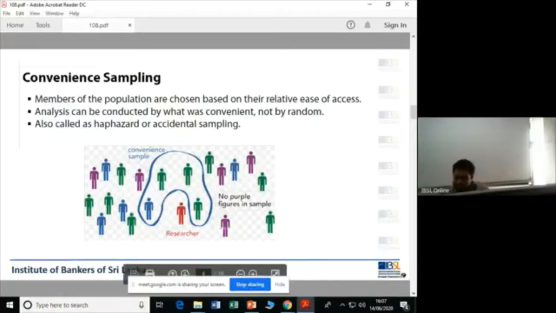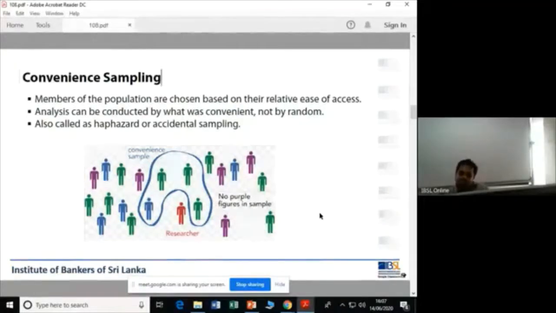But immediately you could see, as given in this example itself, no purple figures are included in the sample. So that shows you that using convenience sampling, you might miss some of the total representation in a given population in an unintentional manner.